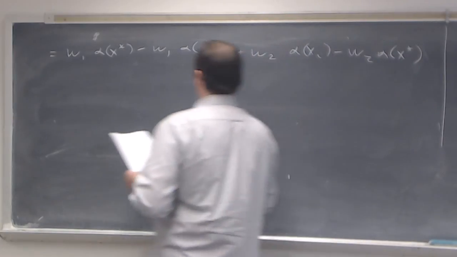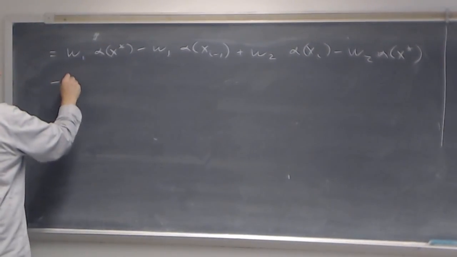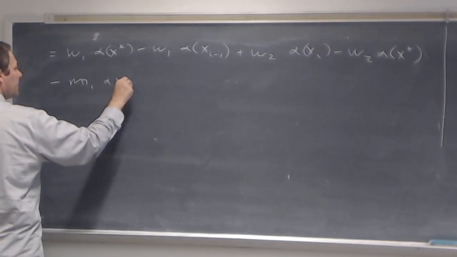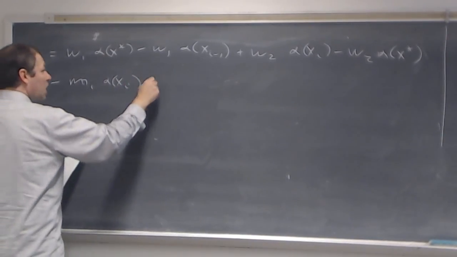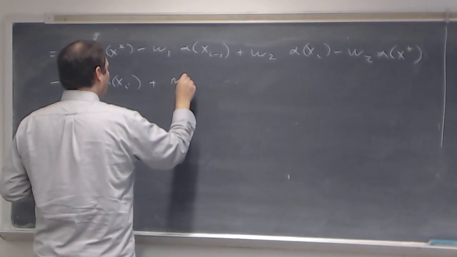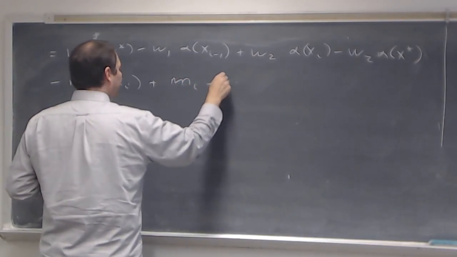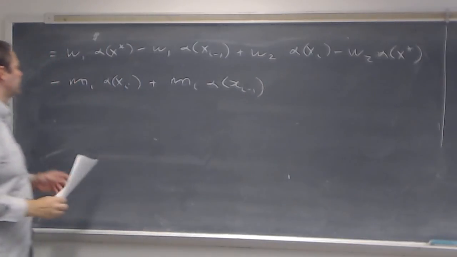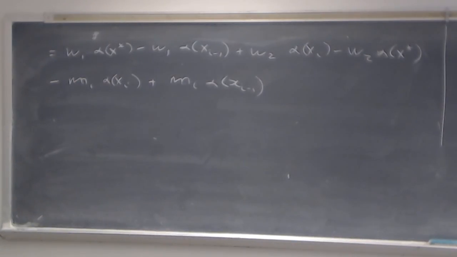And it will be minus m sub I alpha x sub I, and plus, I think, m sub I alpha x sub I minus 1. Let me make sure that my writing here is correct. Yep, that's what I got listed.